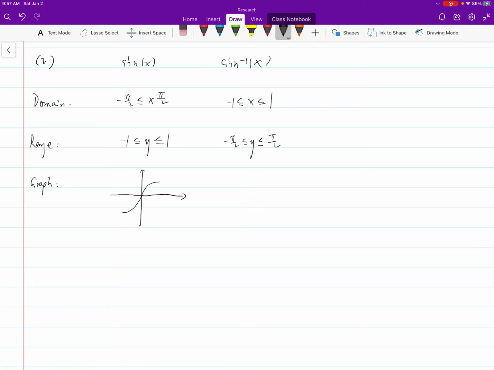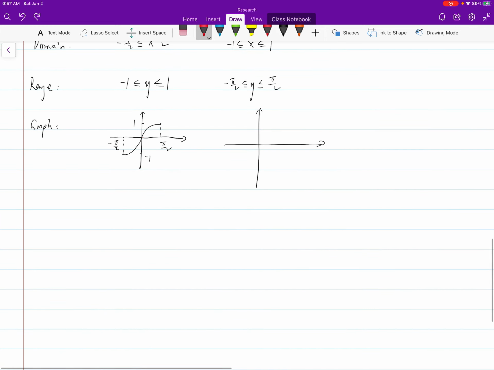Finally, we have the graph. This one has a graph going like that. Then this one should have the same one but flipped with respect to y equals x, the 45 degree line, remember?